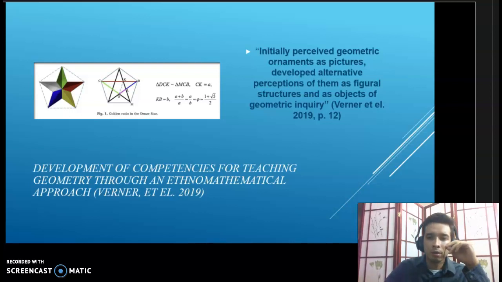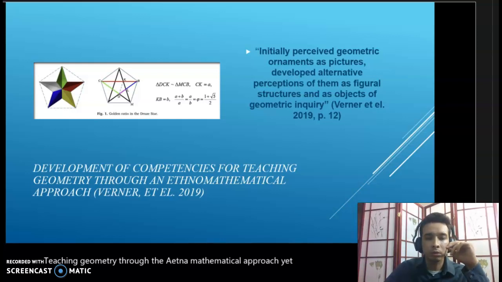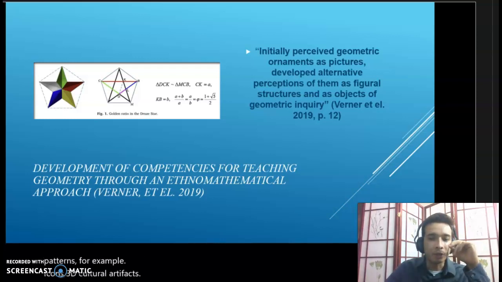Also, teaching geometry through the ethnomathematical approach, yet new courses can also use these patterns. For example, icons, 3D cultural artifacts, origami, architectural elements.